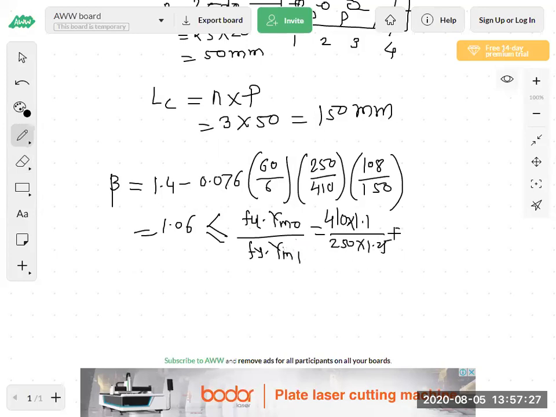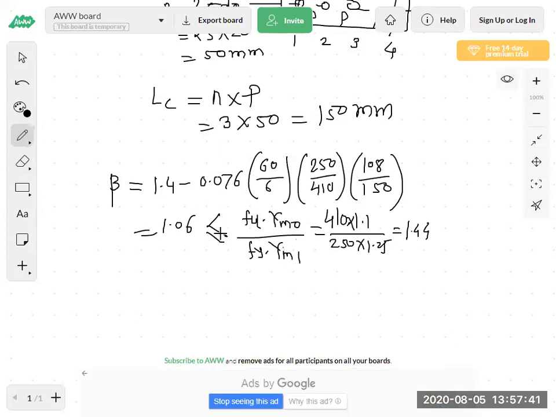How much is this value? 1.4432. So 1.44 means this value is less than 1.44. Are you getting it? This beta value is 1.06. It should be less than or equal to 1.44.